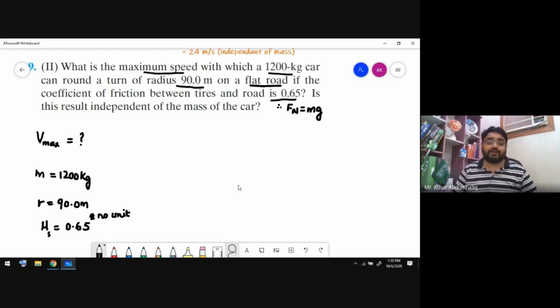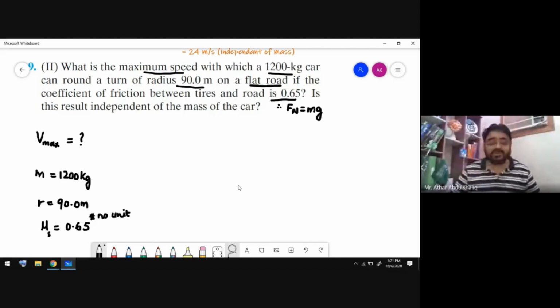Next thing I will discuss is whether the mass matters. We are going to find the velocity, and also we have to check that this car is 1200 kilograms. If there is another car that is 1000 kilograms or 2000 kilograms or 10,000 kilograms, will it affect the velocity of the car or not?